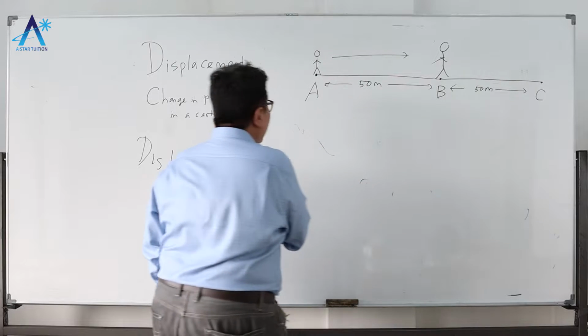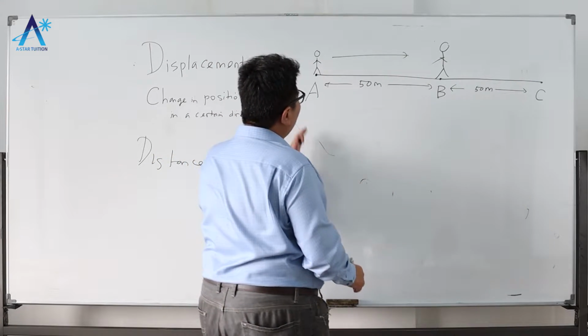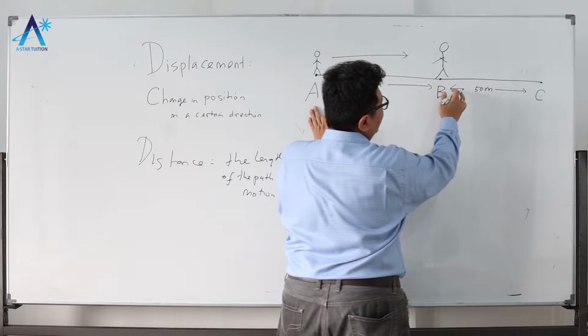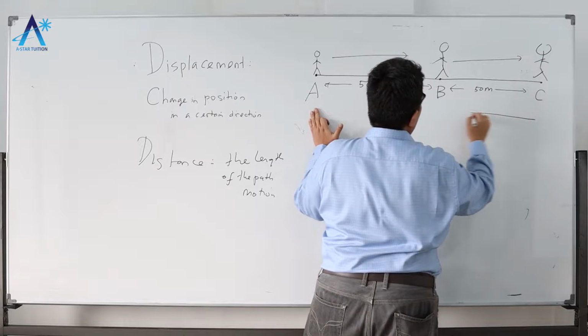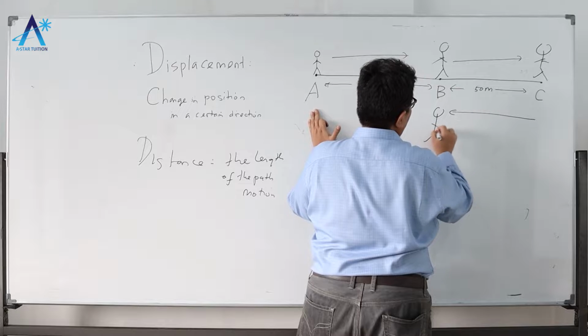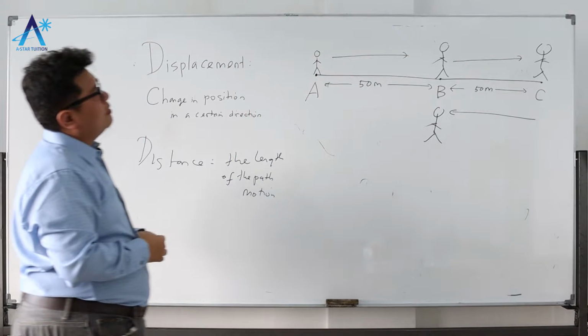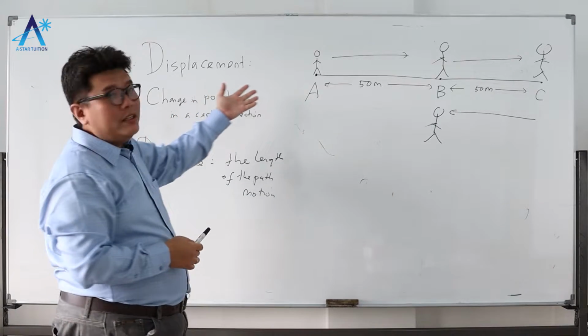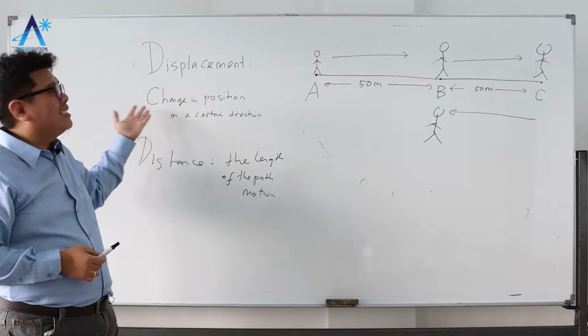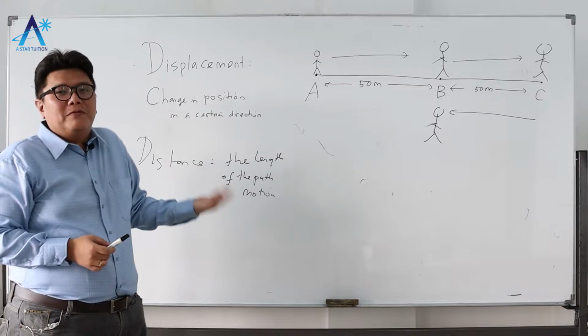Now, let's say that the person moves from A to B, and then to C, and then moves back to B. Now, in this case, the displacement with respect to the initial position, the change in position, is actually 50 meters to the right.